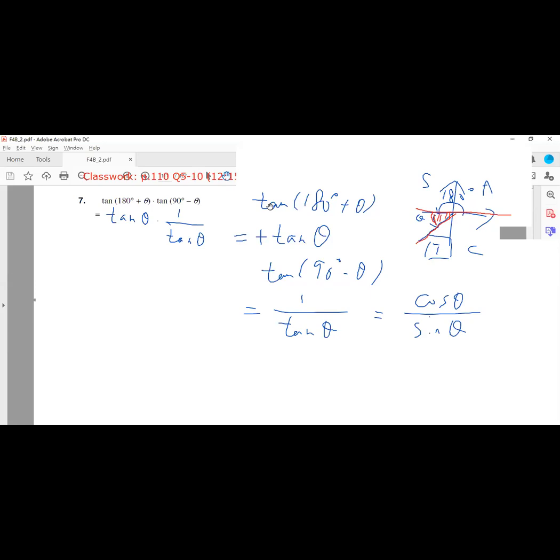Okay, and in this case, they will be just cancelled by each other, right? So it is just 1. The answer is equal to 1. It's all right?